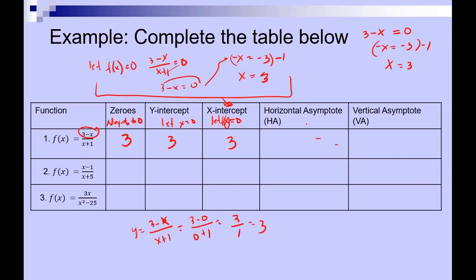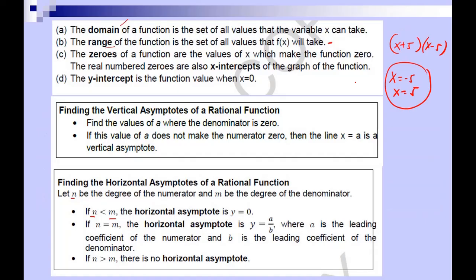For the vertical asymptote, let us go back here. The vertical asymptote is, if this value a does not make the numerator 0, then the line x equal to a is a vertical asymptote.